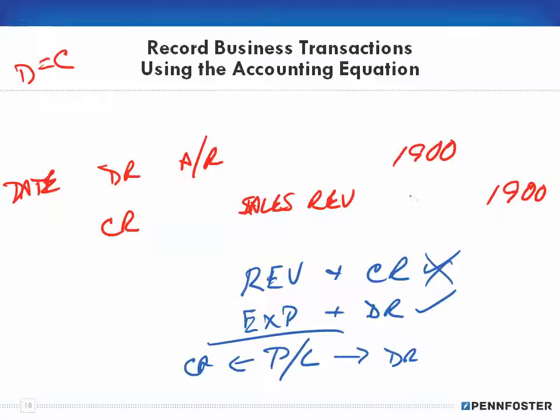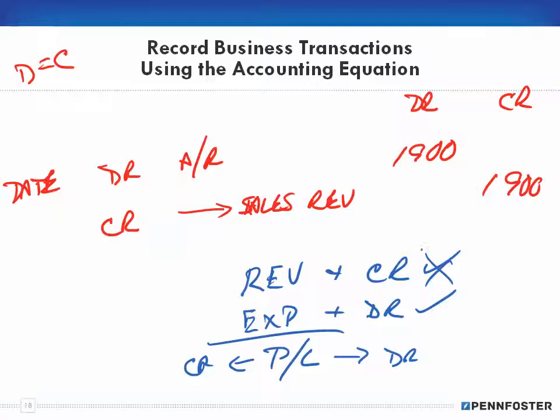And by the way, even if you indent the sales revenue description, if you put the $1,900 directly underneath, remember that's wrong from a formatting perspective. Debits, credits, two separate columns. Make sure that you're putting the credit in the proper column.